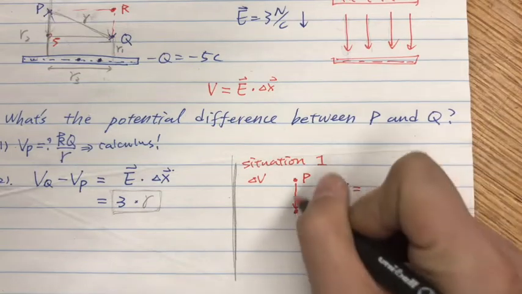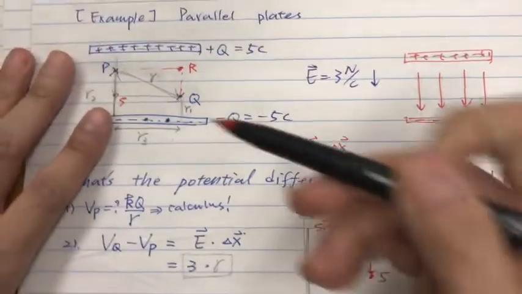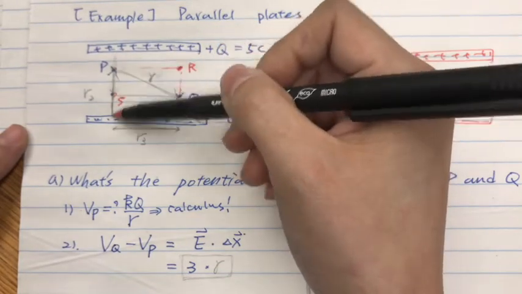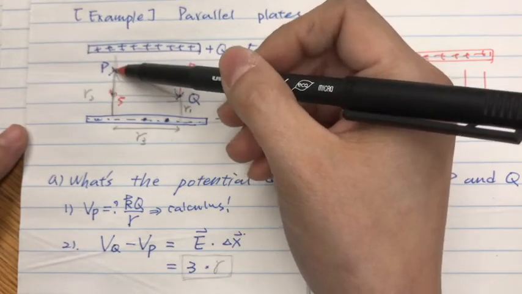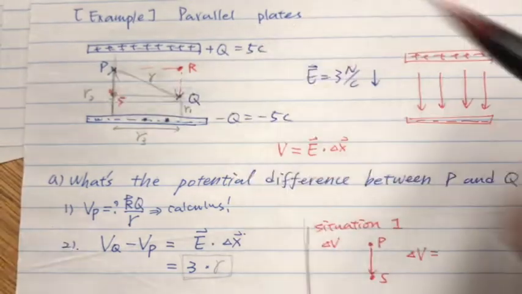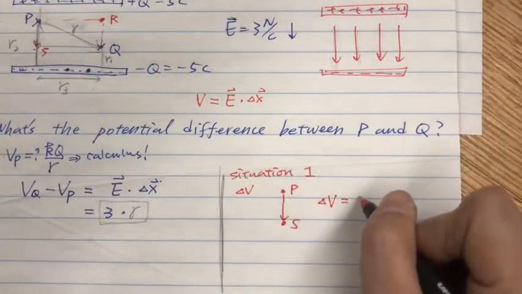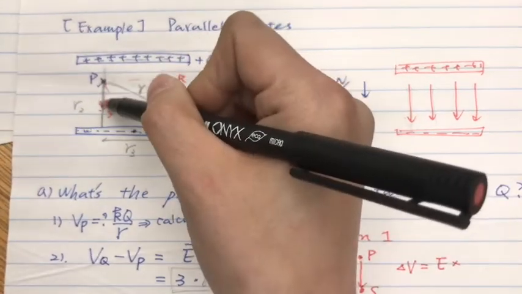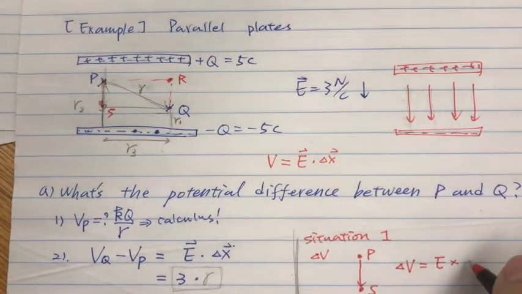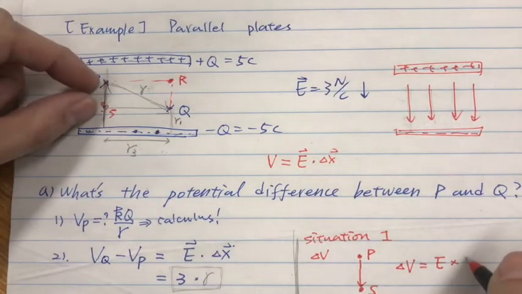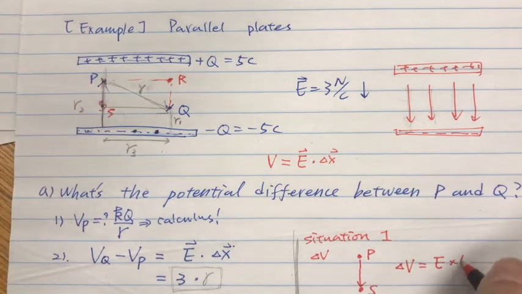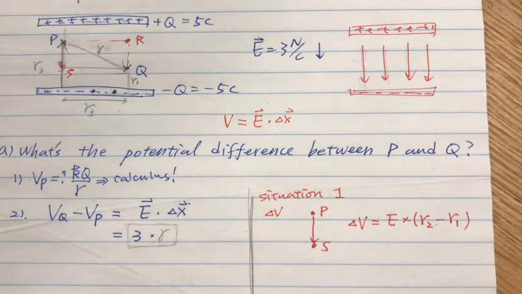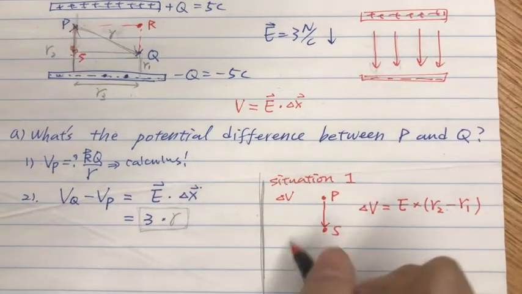You can see this electric field is completely aligned with, and is completely doing the work to push a test charge from P to S. So the electric field will do all the work. So the distance here is this distance, which is R2 minus R1. And this is probably something you're okay with.